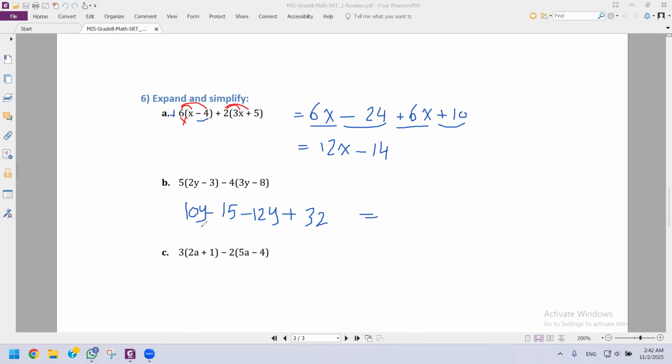We add the common terms. 10y minus 12y, different signs we subtract. And we take the sign of the bigger, so it's minus 2y. Then minus 15 plus 32. What is it? Subtraction, because they have different signs. So we do 32 minus 15, which is plus 17.